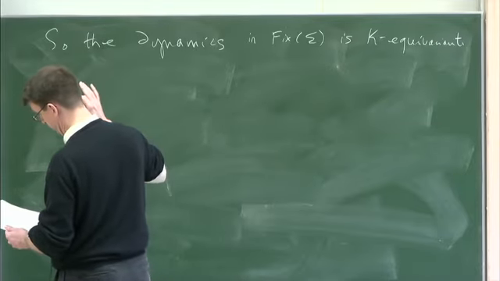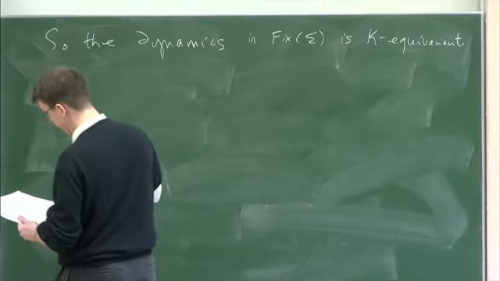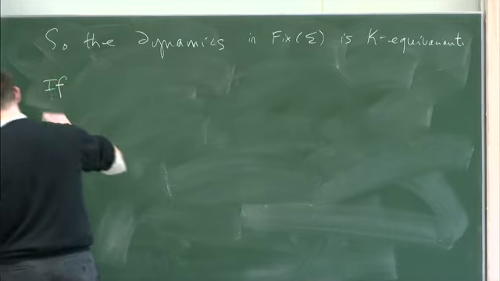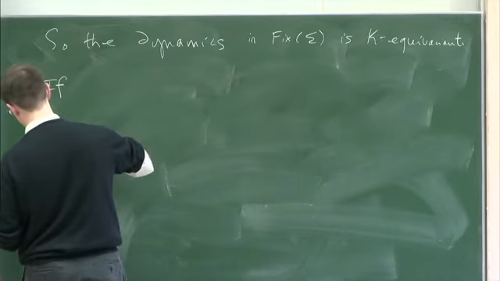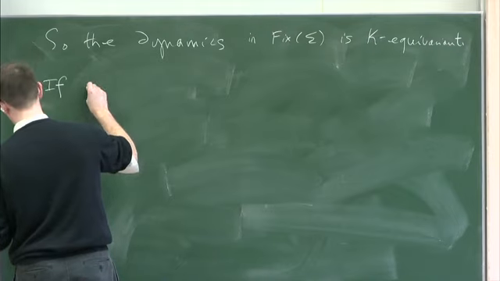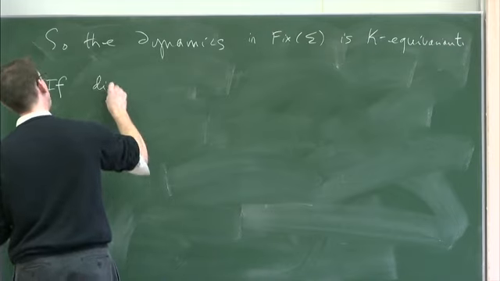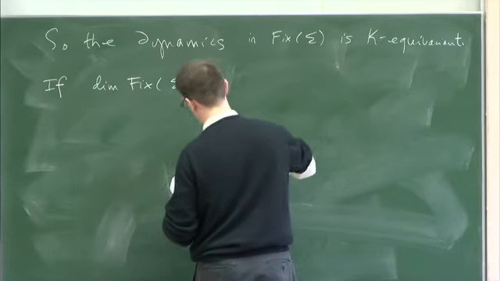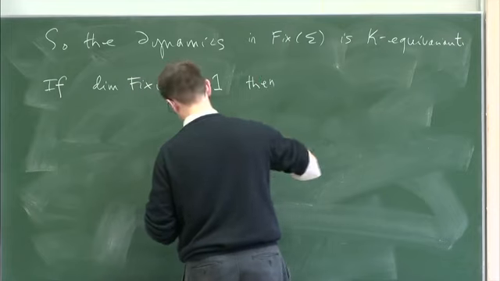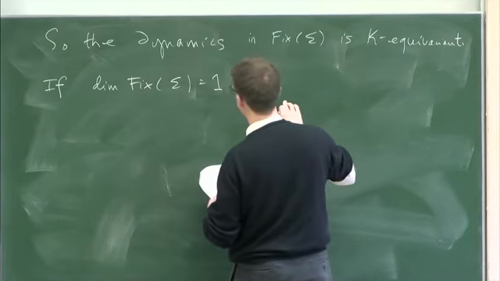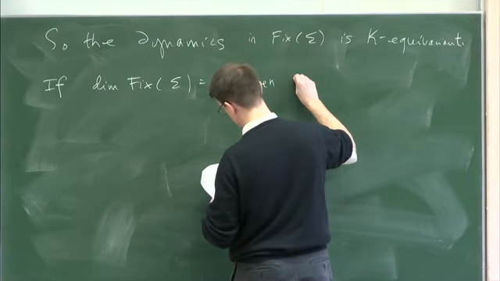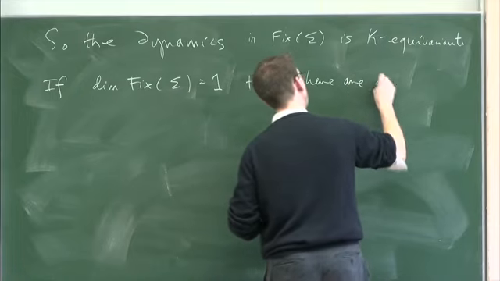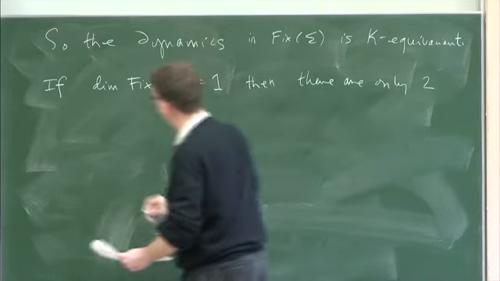Okay. So in the case that I'm axial, if dim fixed sigma is 1, then there are only two choices.